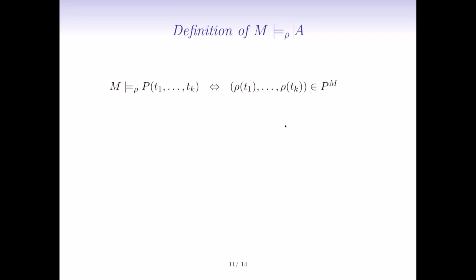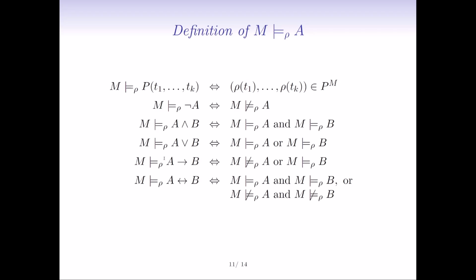So we saw that before. Next, we have the clauses for all the propositional connectives, negation and so on. So these just mirror the exact same clauses as in the propositional logic case. So in particular, M and rho make not A true if and only if they do not make A true.